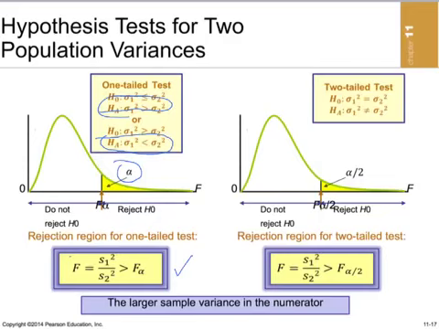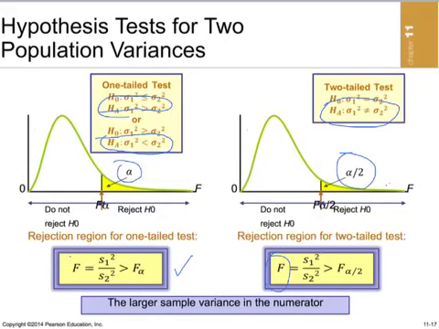In this case over here on the right, if it's a two-tailed test where we want to test whether or not the variances are equal versus they're not equal, then the rejection region in the right tail will be half of the significance level, alpha over 2. And so we will reject the null hypothesis if our observed F value falls in that rejection region. So here's our observed value.